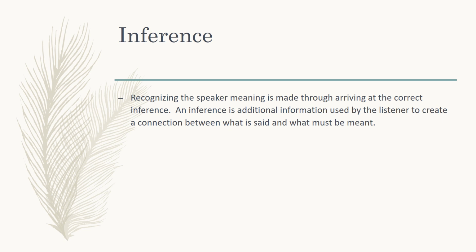You should search for additional information. Of course, the additional information is not there; you infer it. Okay? So this is what is meant by inference. If I say I'm cold, this means what? I want you to close the door, or close the window, or give me a blanket if I'm about to sleep.